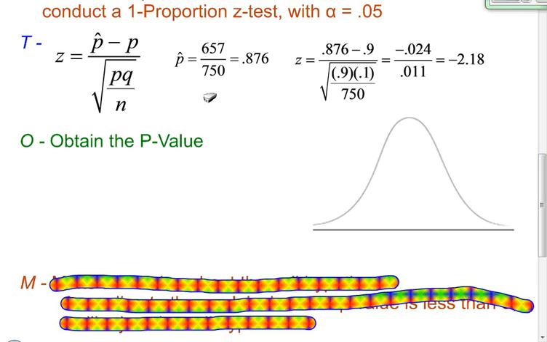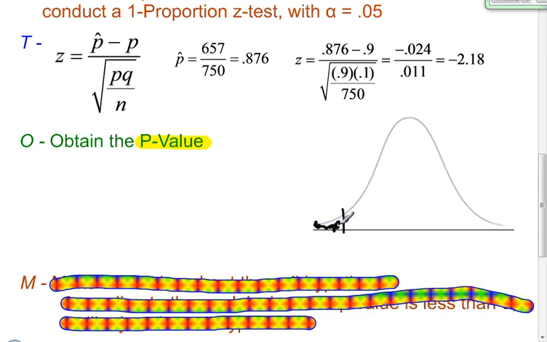Well, once you find the test stat, you're going to use the test statistic to then find your p-value. So I want to go ahead and find the p-value right now, and I'll draw the picture of what it would look like over here. Negative 2.18 is going to be somewhere over here, and I want to try to find the area below that.